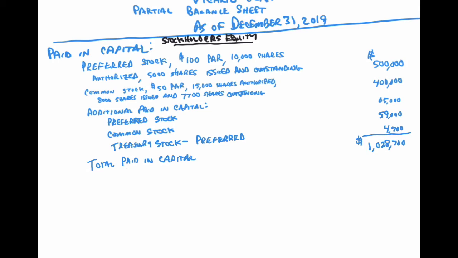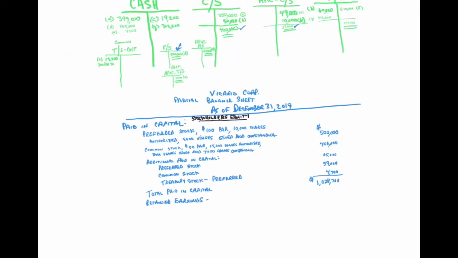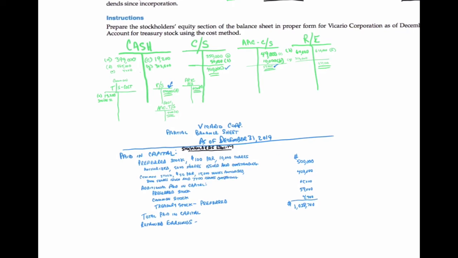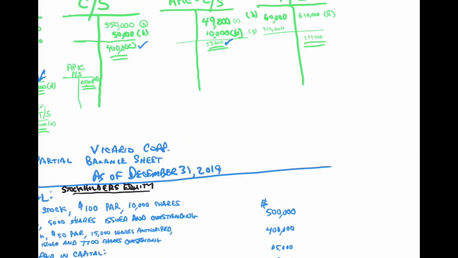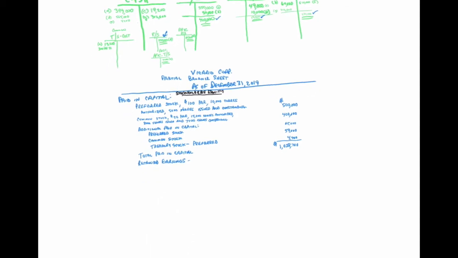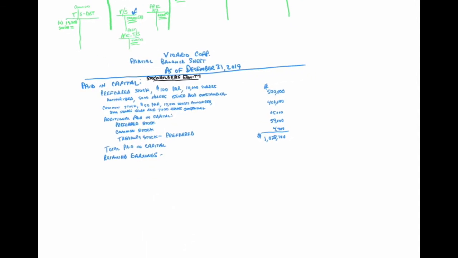And then we also have retained earnings. Retained earnings is going to be the 237,400 there.